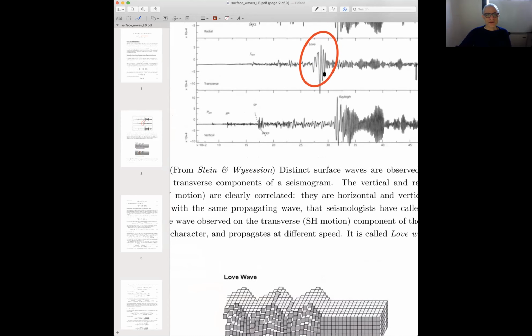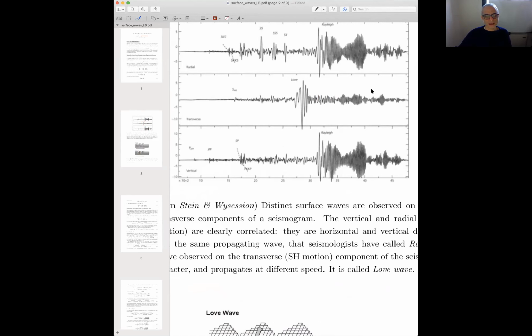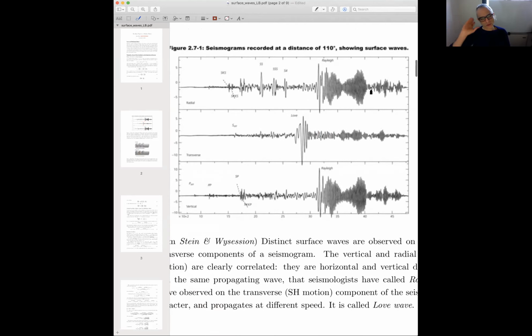The reason for this name is historical, and I think it's worthwhile to think about how all these concepts came to be. Initially, when people started looking at seismograms, I'm talking about the end of the 19th century, they didn't have very good instruments. So it was very hard to disentangle all these phases from one another.